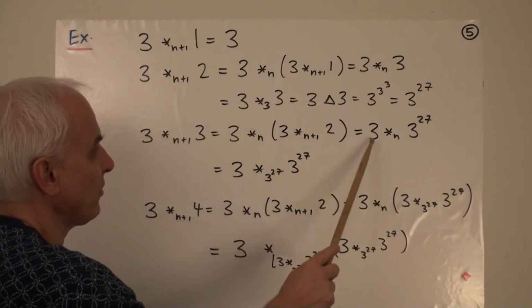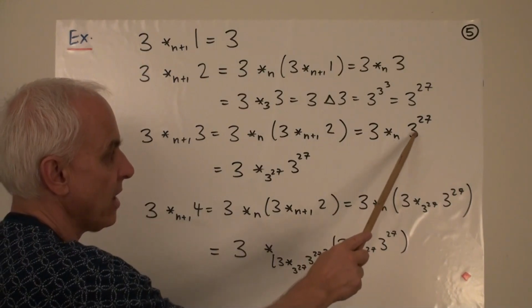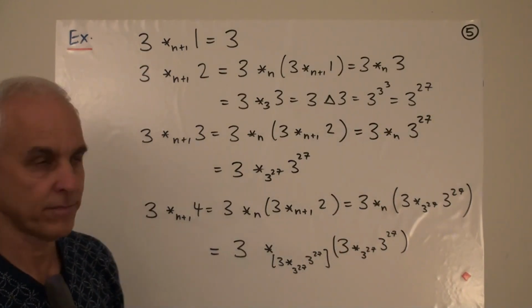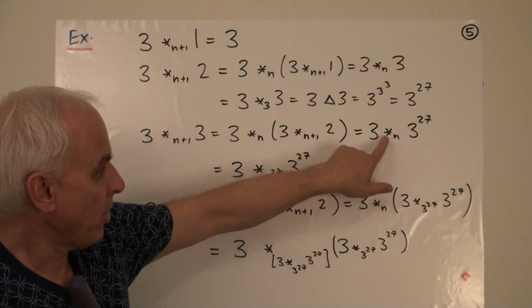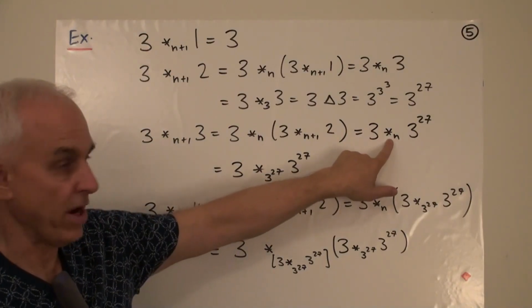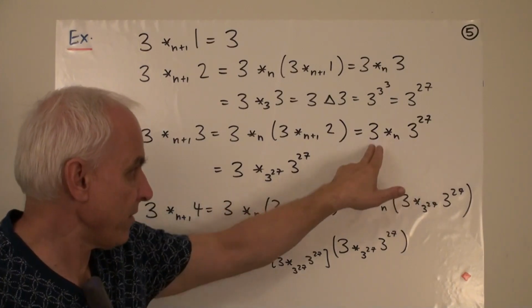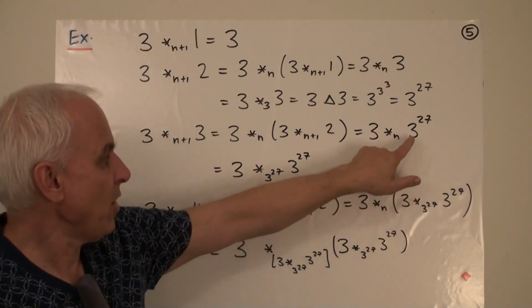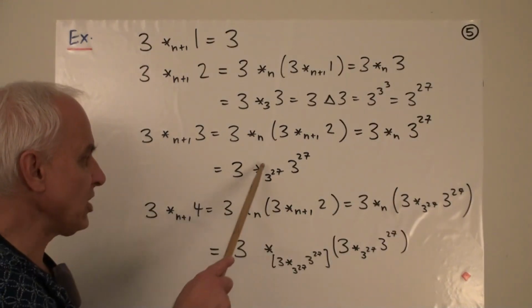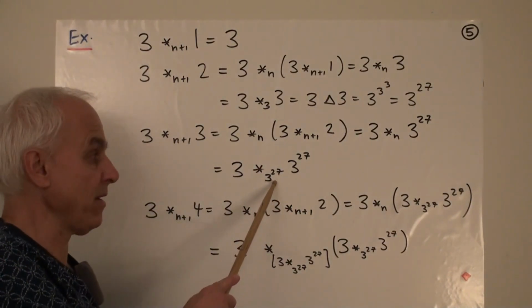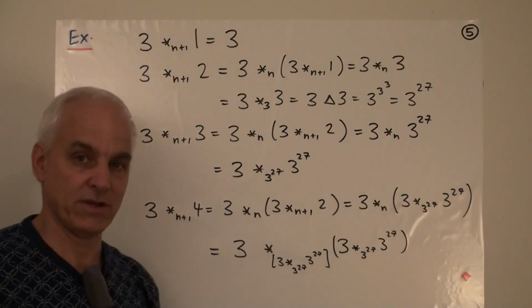So this is altogether 3 star n times 3 to the 27. Now the same kind of thing happens as before. This is a star n, that's a limit operation. So when we multiply this times this with respect to that, we have to replace the n with this second entry. So we get 3 star 3 to the 27 times 3 to the 27.